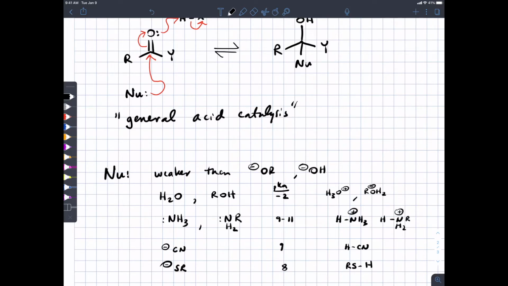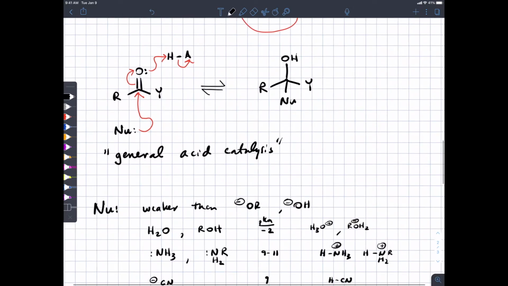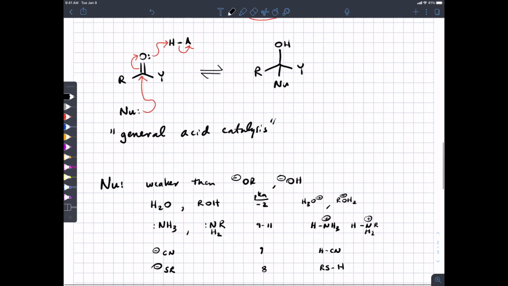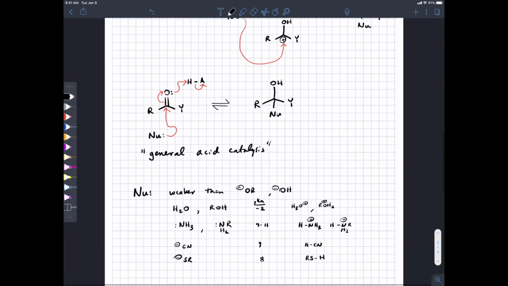So basically, things that are less reactive than hydroxide or an alkoxide will generally need to protonate first or during, because otherwise attack of the nucleophile is too slow.